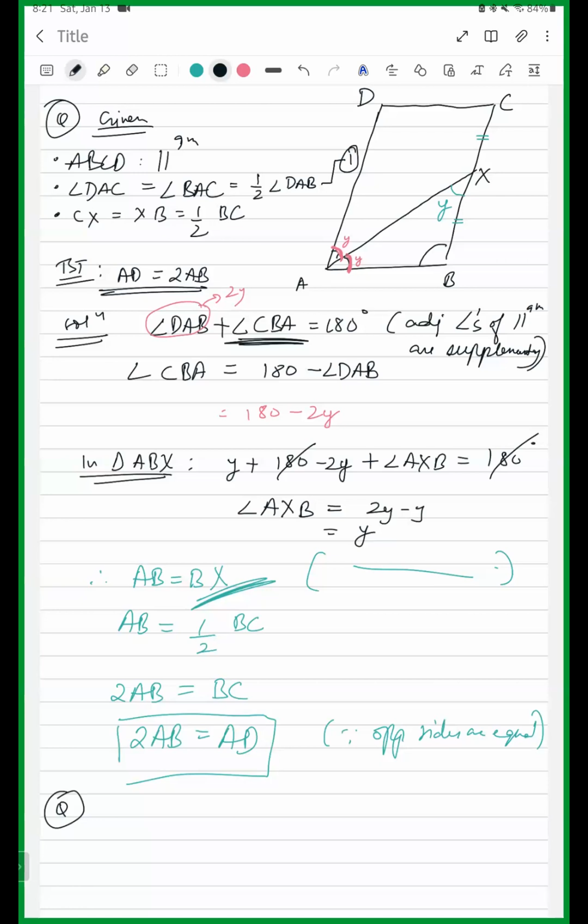Hmm, all of these questions are already from NCERT, so we've already done it.